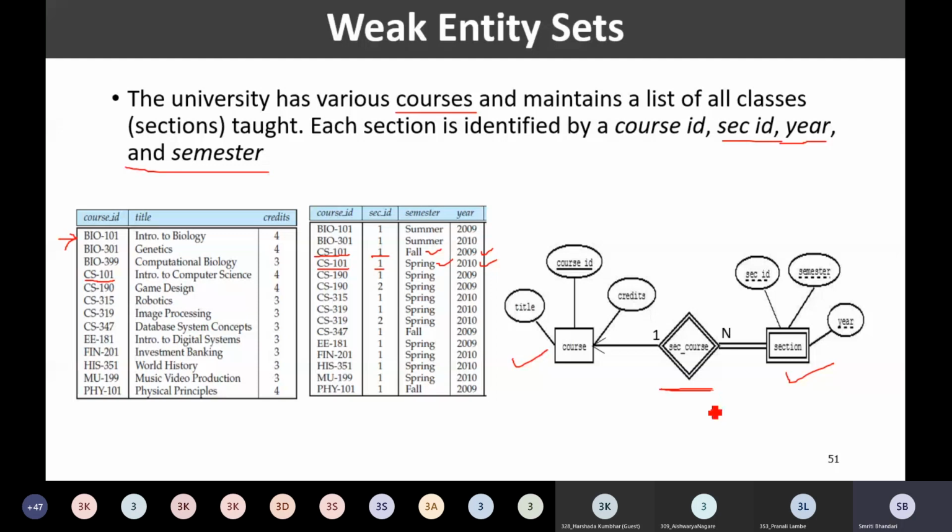And always this identifying relationship set is having the cardinality 1:n. 1 towards the identifying entity set and n towards the weak entity set, right? And always this weak entity set participates in identifying relationship set with total participation.